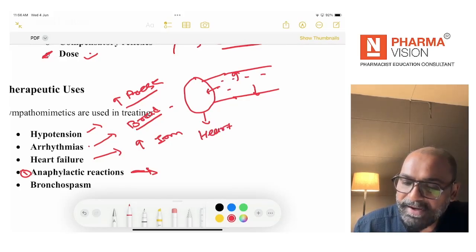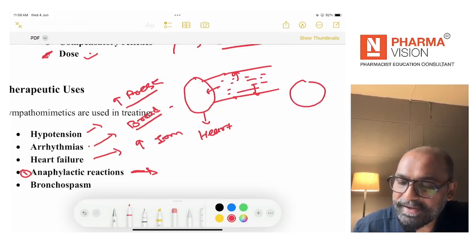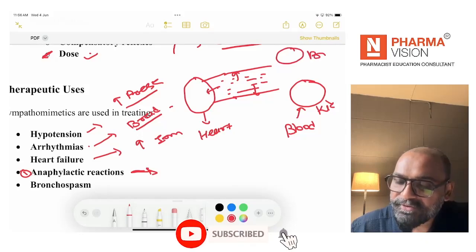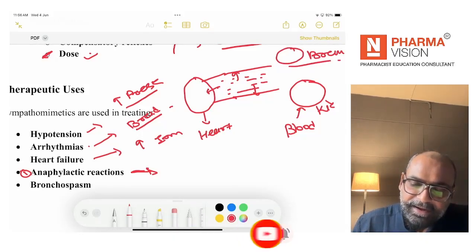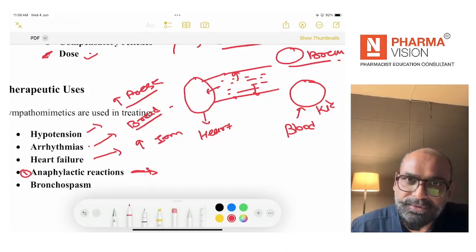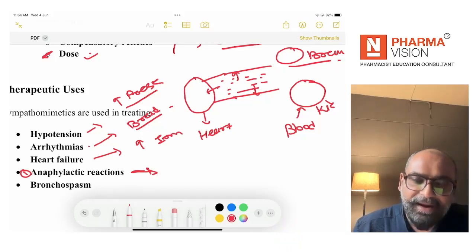Pressure is not maintained in the blood vessels, so vital organs like the kidney are not getting enough blood for perfusion. Okay, that's the kidney, and also your brain is not getting enough blood. That means the entire system collapses. That is the anaphylactic reaction.